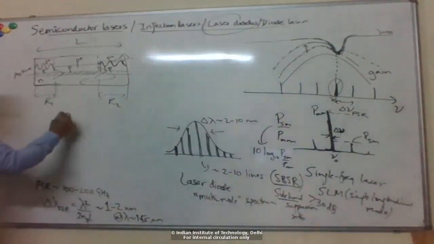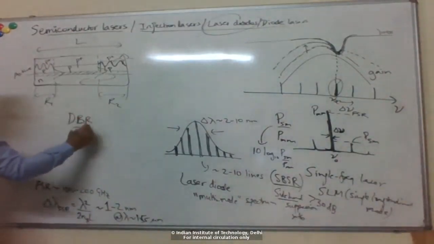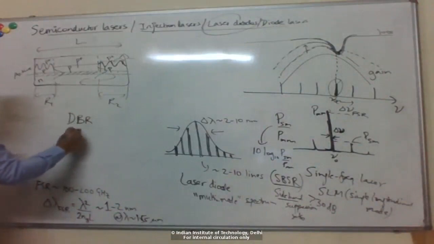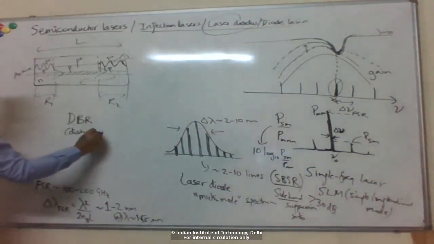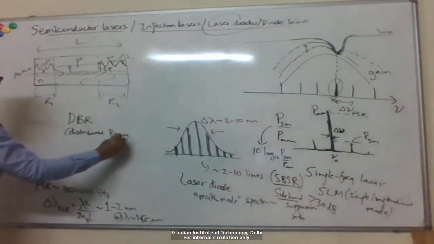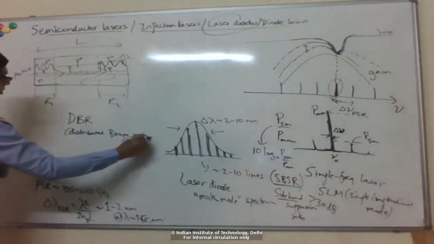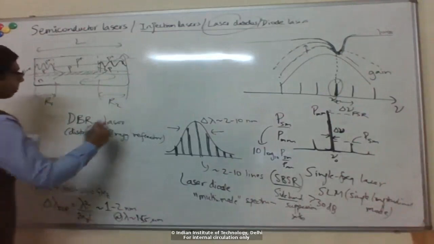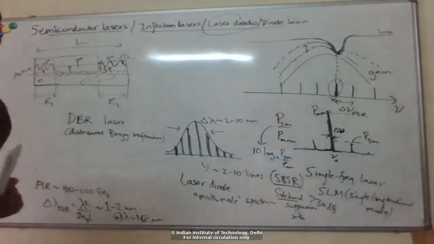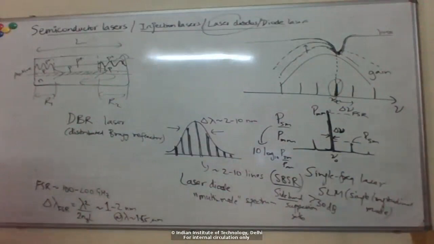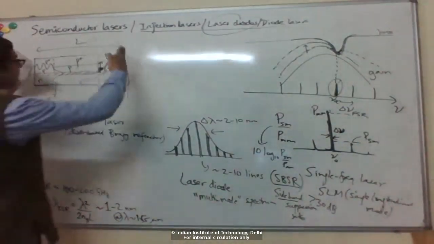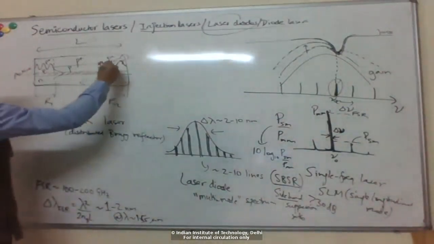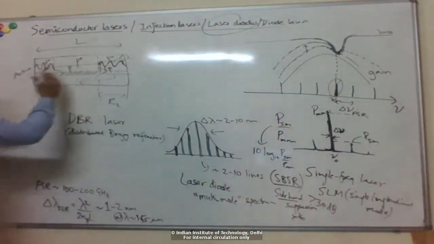So this is known as a DBR laser, or distributed Bragg reflector. Instead of just having the facets act as mirrors, you have some Bragg gratings to act as mirrors.